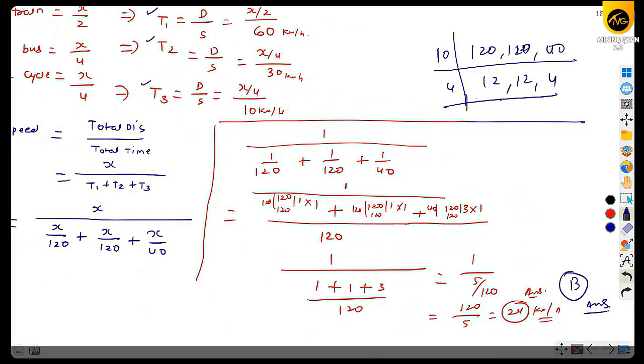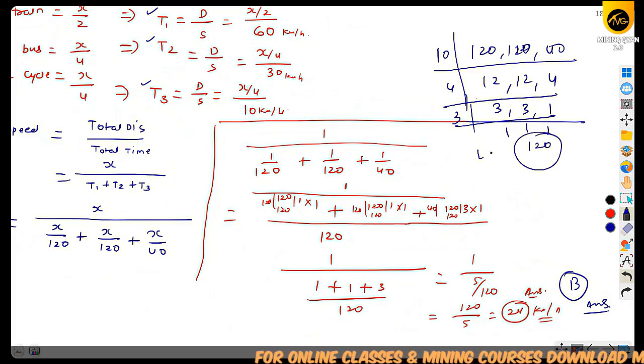Now you can use 4, 3 times and 1. Now just 3, 1, 1, 1. Just multiply 10 into 4 into 3. It will be 120. So basically the LCM of 120, 120 and 40 will be 120.